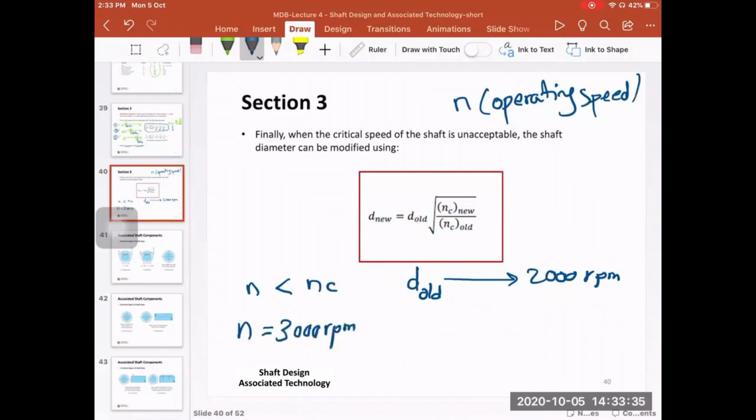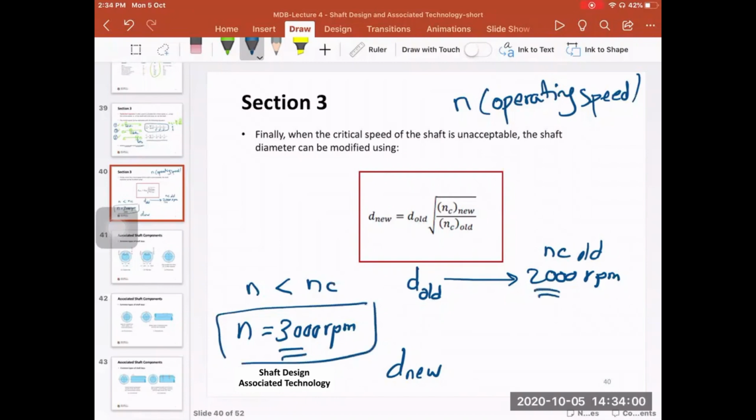Okay. So you see here that N is not less than N critical. N critical is smaller. So this is N critical in this case, N critical old. So in this case, we need to find another diameter. We need to find the new diameter that makes sure that this operating speed that we cannot change, so this is fixed, is less than the value of the N critical.